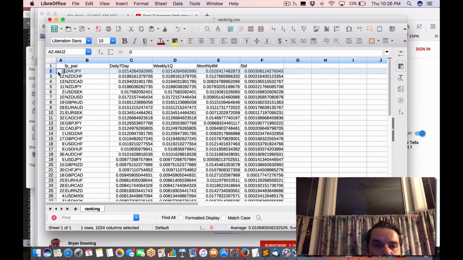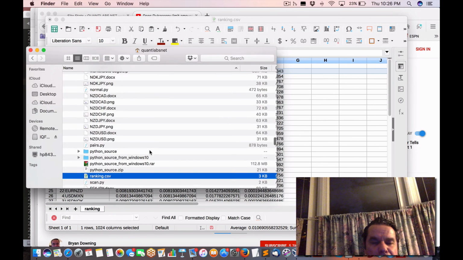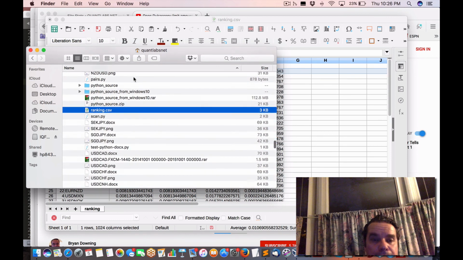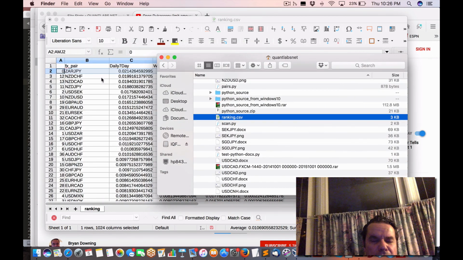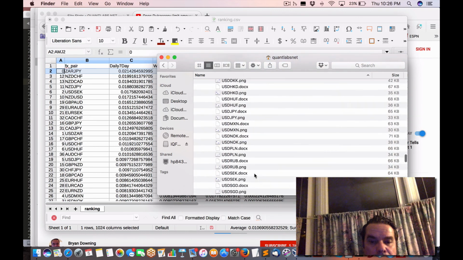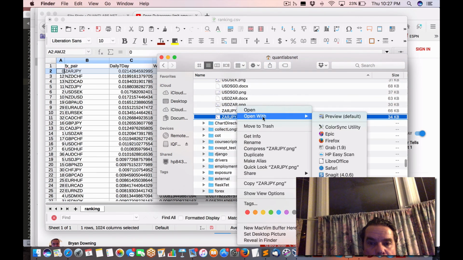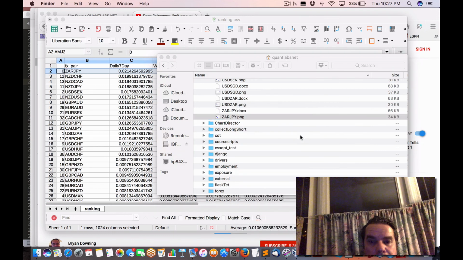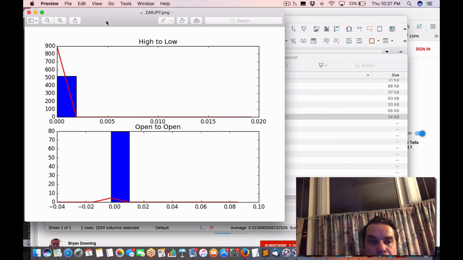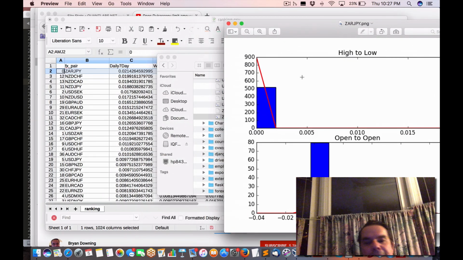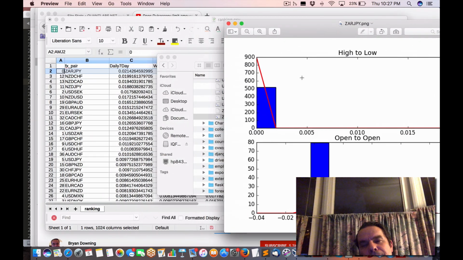Now, part of that also comes back to the data. So in my case, if I pull up the data for South Africa, this one, and show you the chart, you could see it looks pretty volatile with a lot of negative on the high to low and open to open.